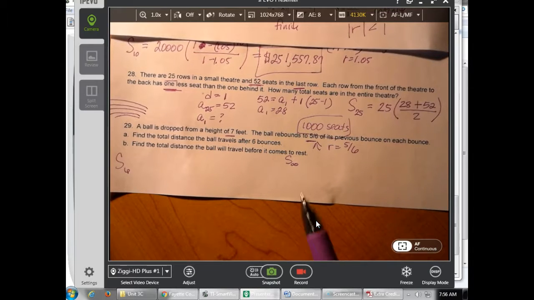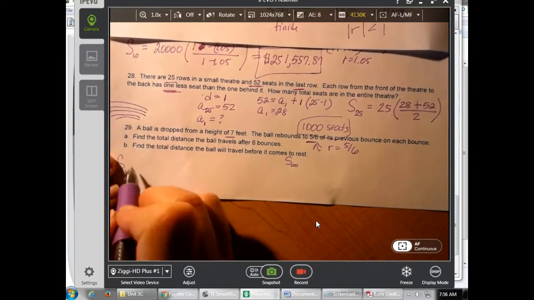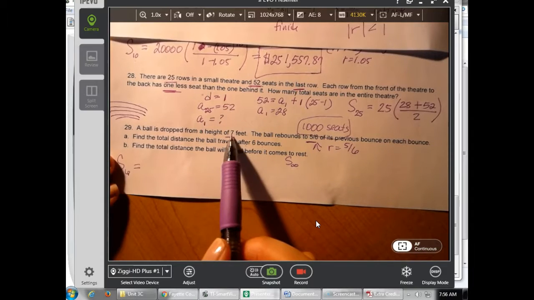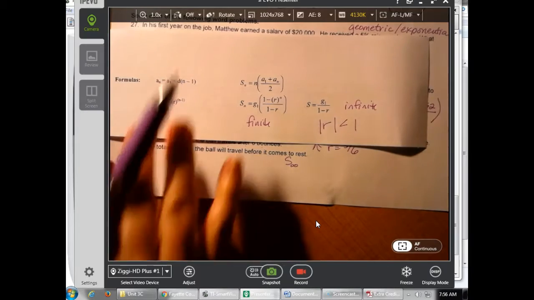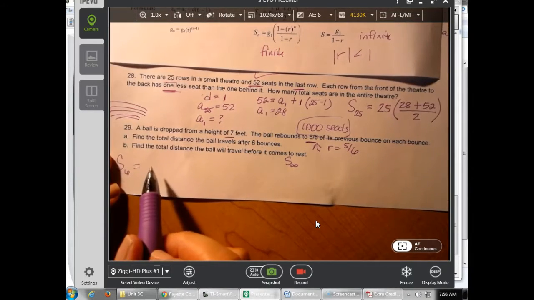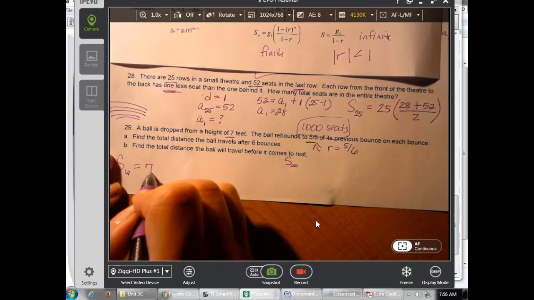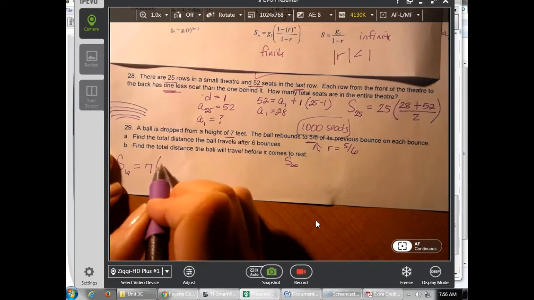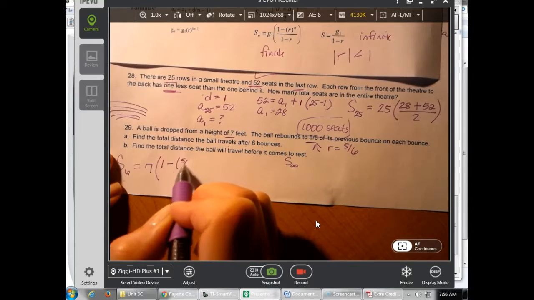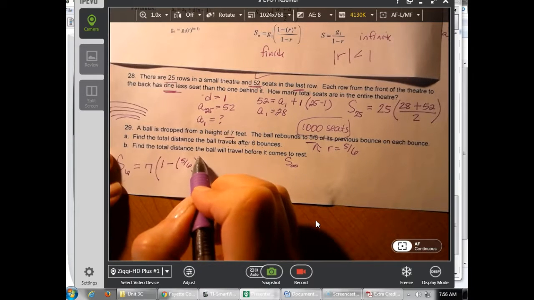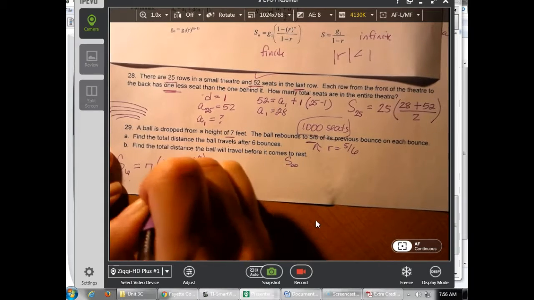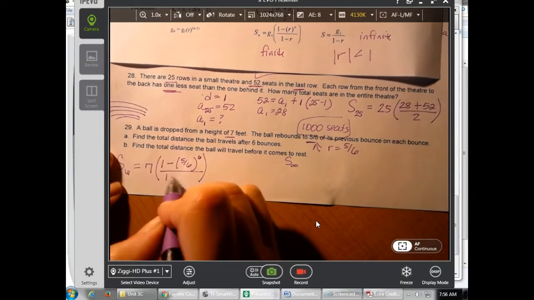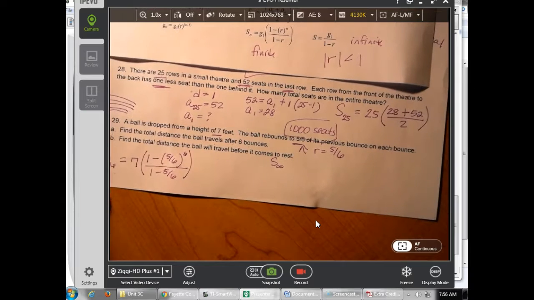Okay, so we pretty much have everything we need. We just need to know our first value. Remember, we're going to use this formula for summing through the 6th term. So I'm going to say G sub 1, which is 7. And then I have 1 minus my R of 5/6 to the, now we want to sum through the 6th value, so do 6 here. And then we have 1 minus 5/6 here. So plug that into your calculator.